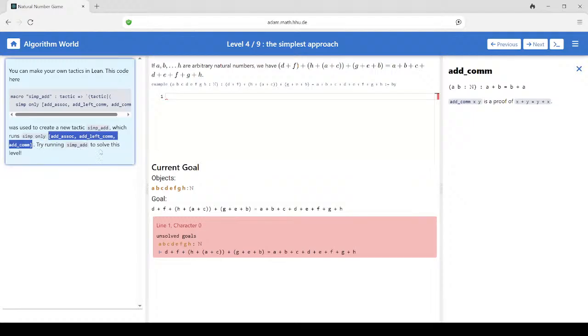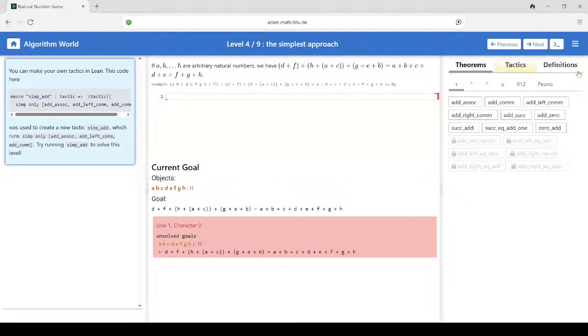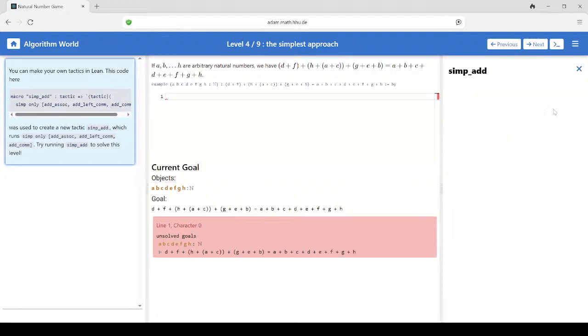Try running simp add to solve this level. It will solve arbitrary goals of the form A plus B plus C plus D plus E equals E plus D plus C plus B plus A.